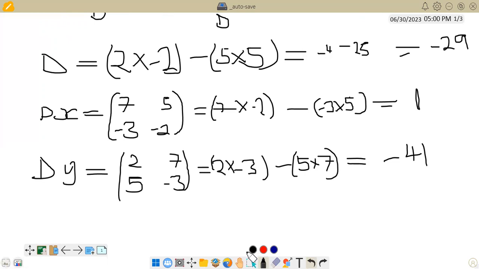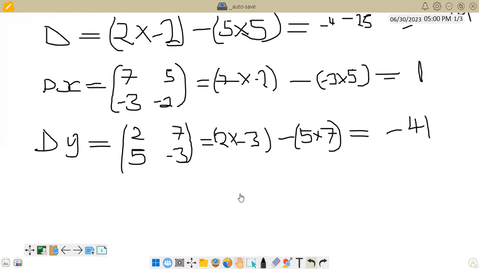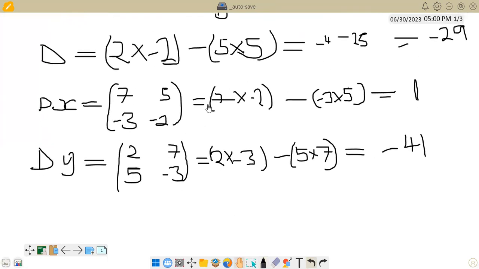So we have found the determinant, the d. We have found the dx, then we have found the dy. So to find x, we said it is dx over d.